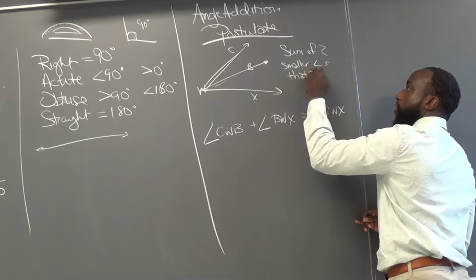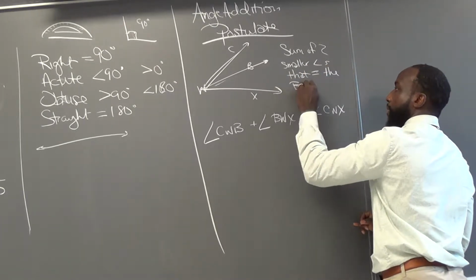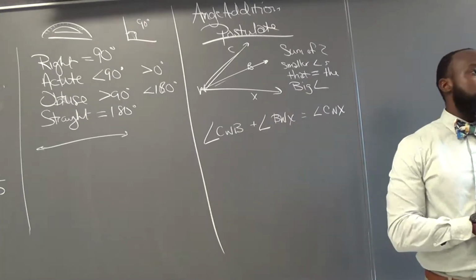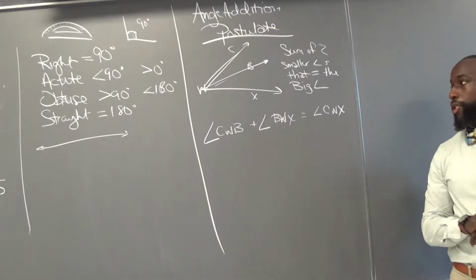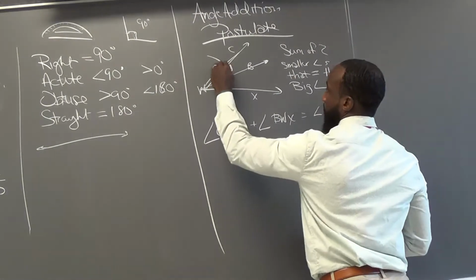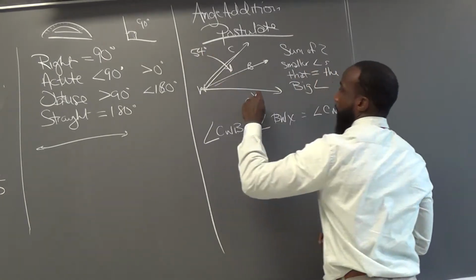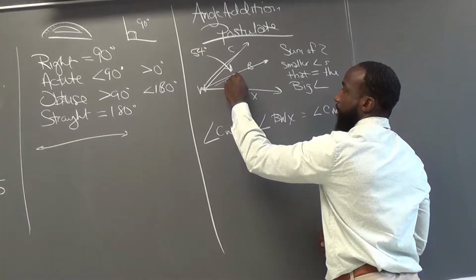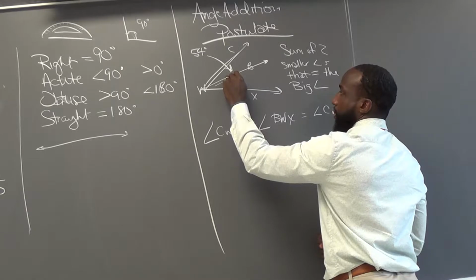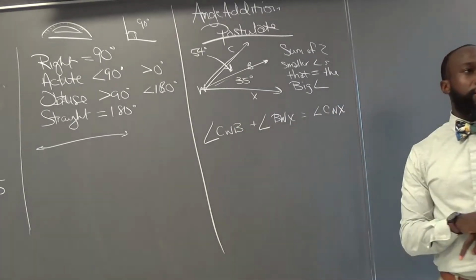So it's the sum of 2 smaller angles that equal the big angle. Angle addition postulate. Okay? So, if I said angle CWB was 54 degrees, and angle BWX was 35 degrees, how big is CWX?